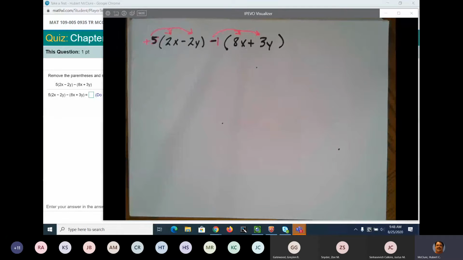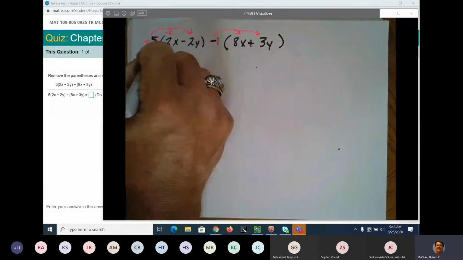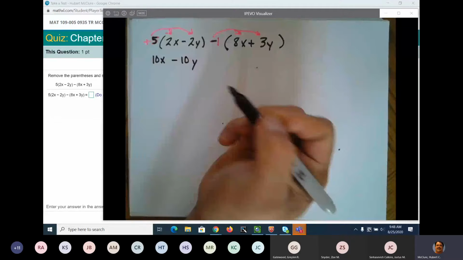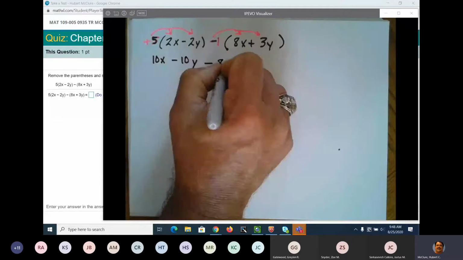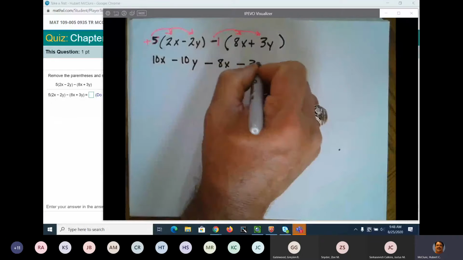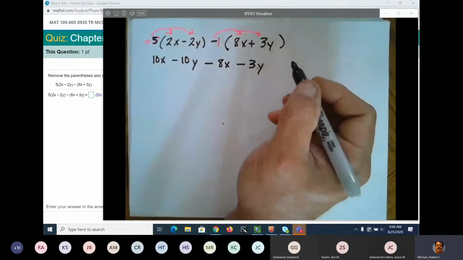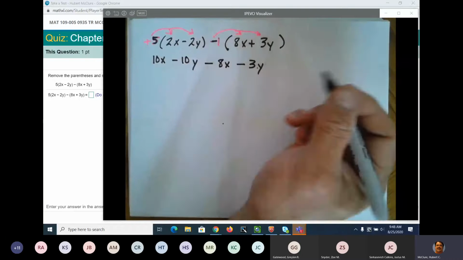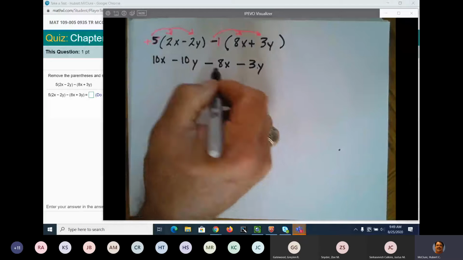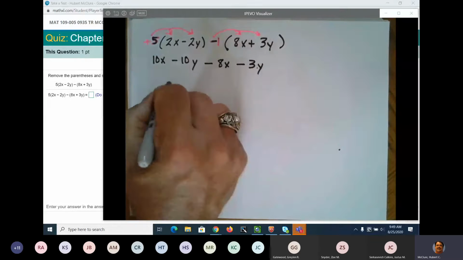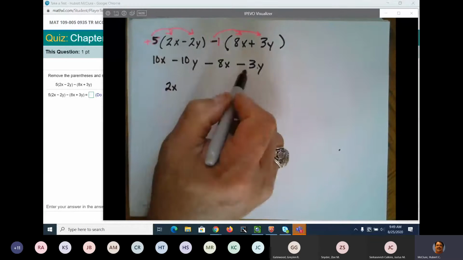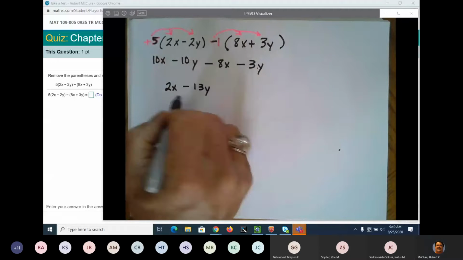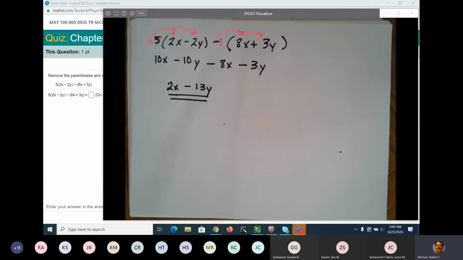And that's going to give me 10x minus 10y minus 8x minus 3y. And whenever you distribute, what comes next? Combining like terms. And 10x minus 8x is 2x, and negative 10y minus 3y is negative 13y. That should be your answer.